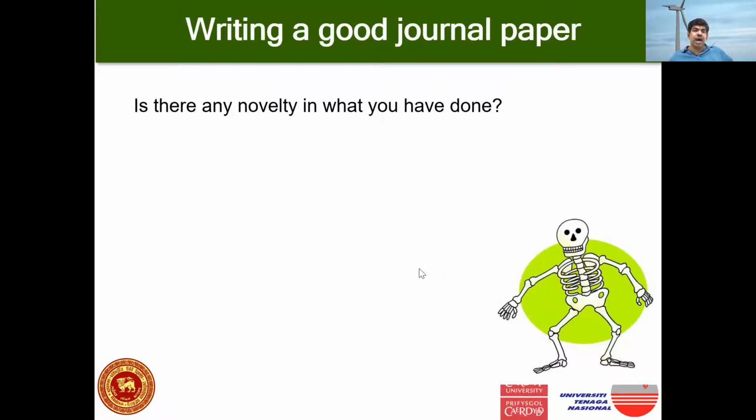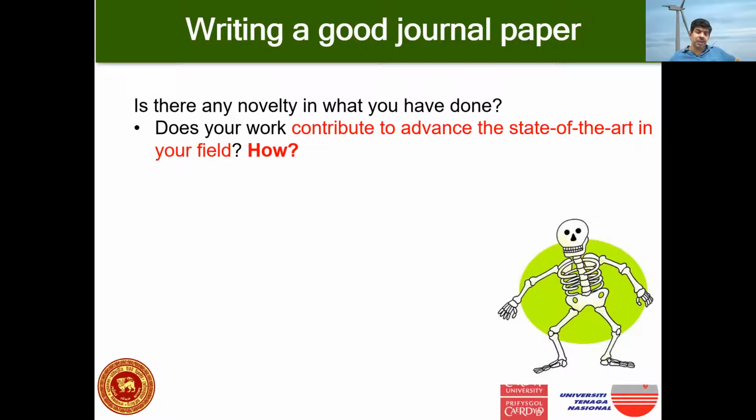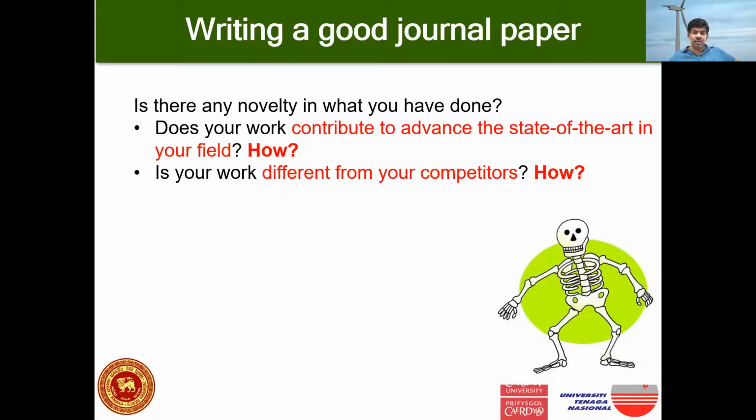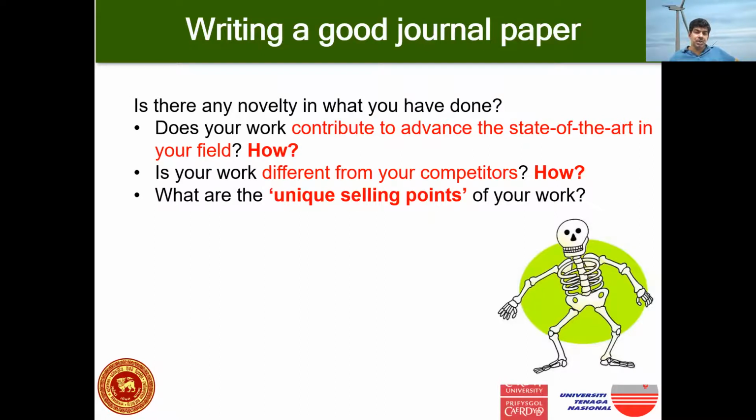So when you think about a good journal paper, think what is the novelty of the work that you have done? Does your work contribute to advance the state of the art in your field, and how? Is your work different from your competitors, and how? What are the unique selling points of your work?